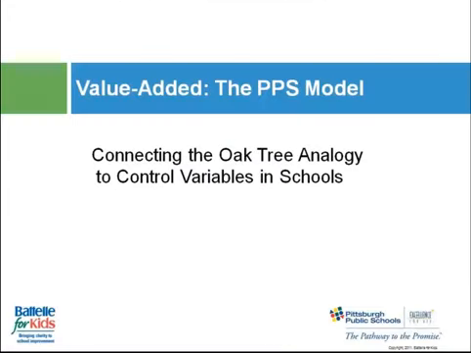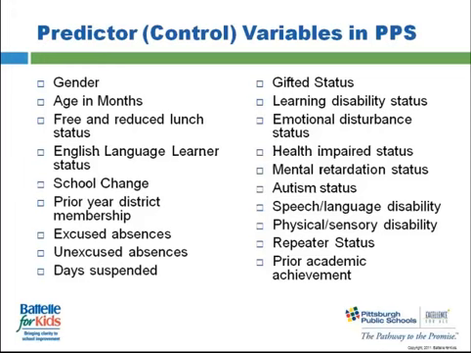As we move into more specifics about the Pittsburgh Public Schools value-added model, let's try to apply the concept of predictors in the education context. On this slide, you see a list of predictors that have been considered in the PPS model. Each control variable is tested for whether it increases the predictive power of the model.